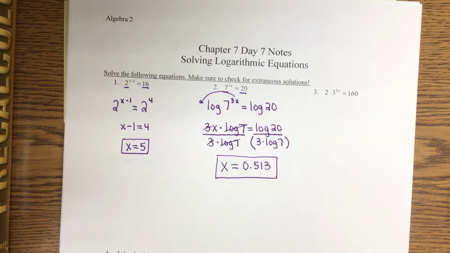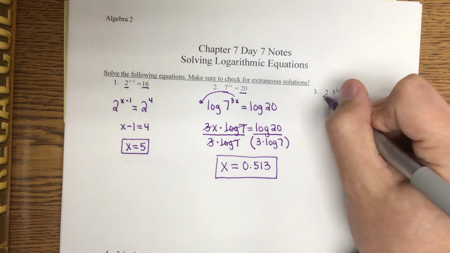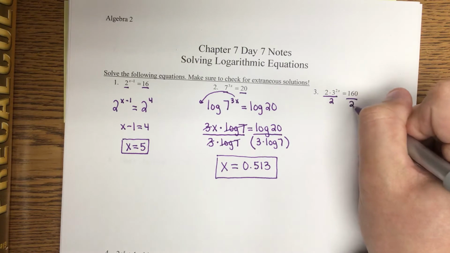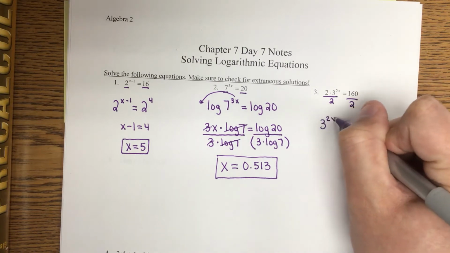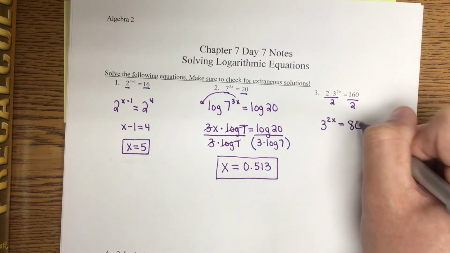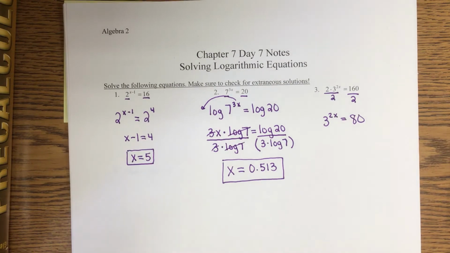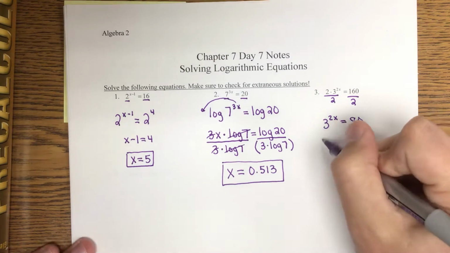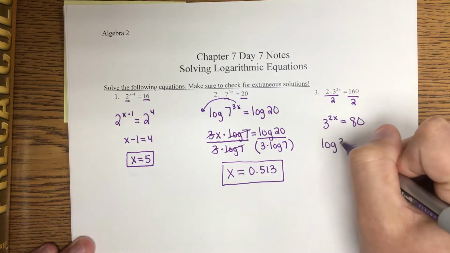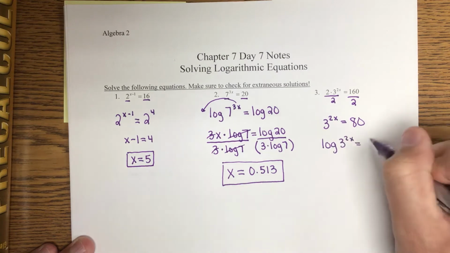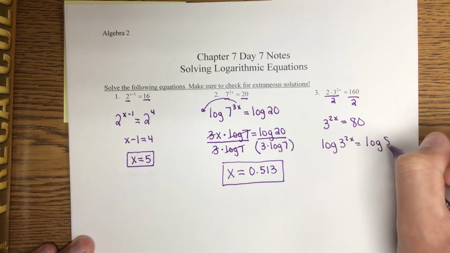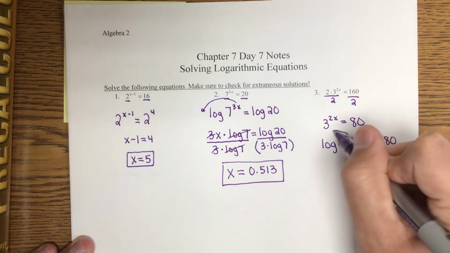So for problem number 3, before I decide any of that, I'm just going to divide by 2. So this would be 3 to the 2x is equal to 80. Now if that 80 was an 81, I might be able to get bases to be the same, but they're not, so I'm going to take the log on both sides. And I do that so I can move the power out front.